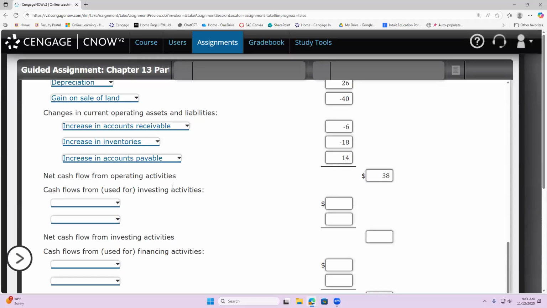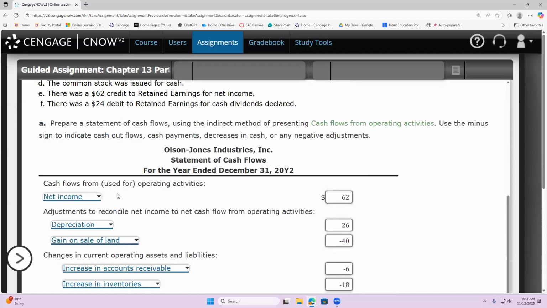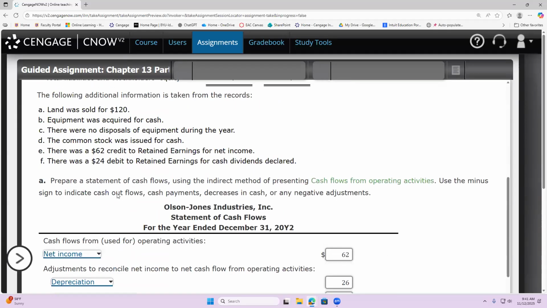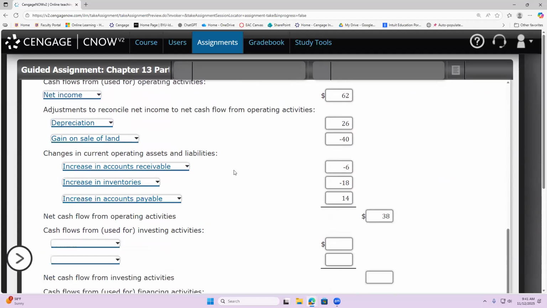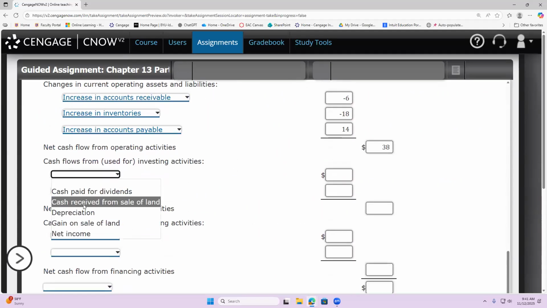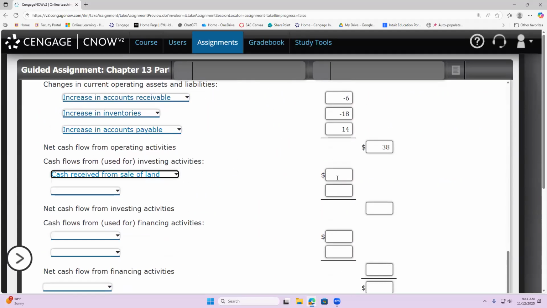All right, so now we're going to move to the investing activities section. So here we're going to look for, let's see, it tells us equipment was acquired for cash, land was sold for 120. So we're going to say, all right, we received cash from the sale of land of 120.